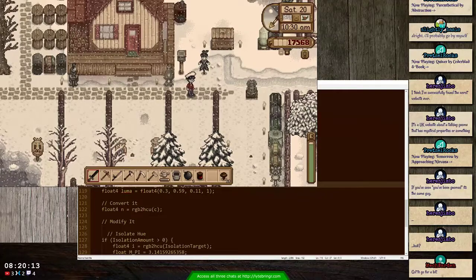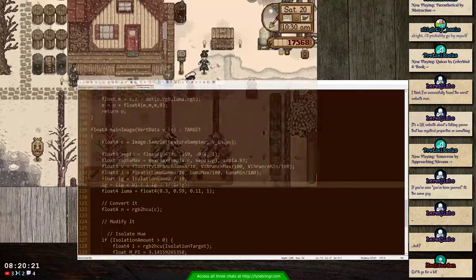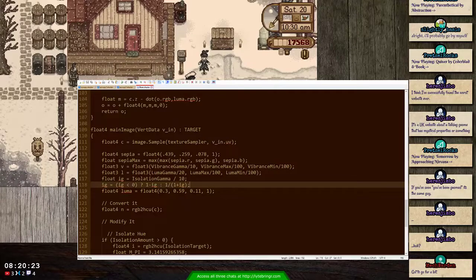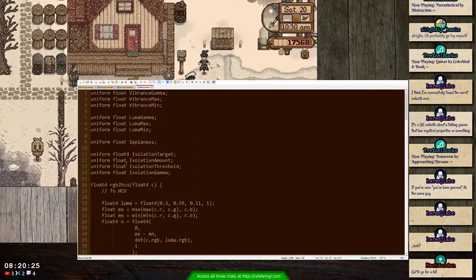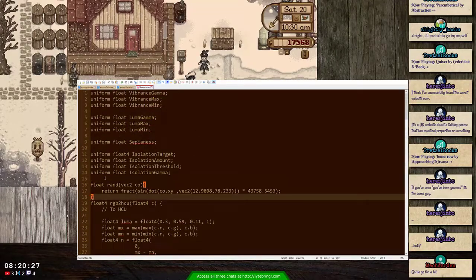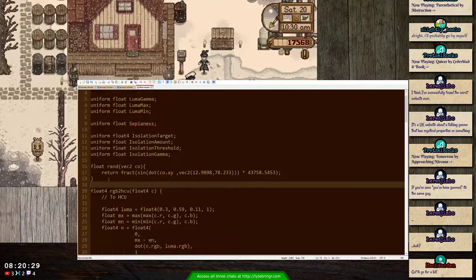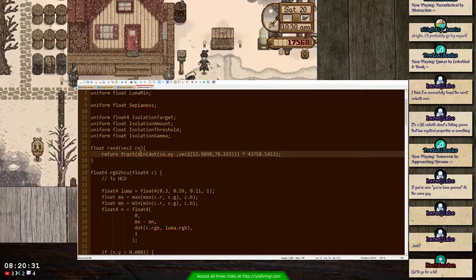Okay, so I'm gonna copy this code from Stack Overflow because that's how this game works. And what I want to play around with is noise. So we've got a function here that gives us basically Gaussian noise.